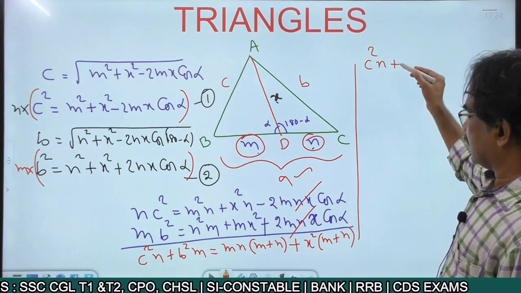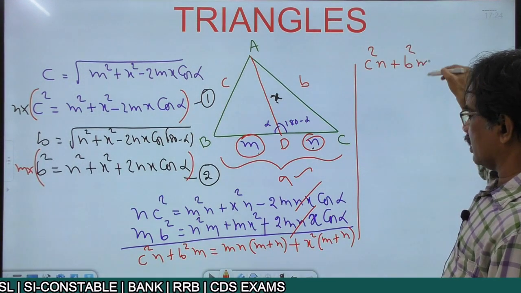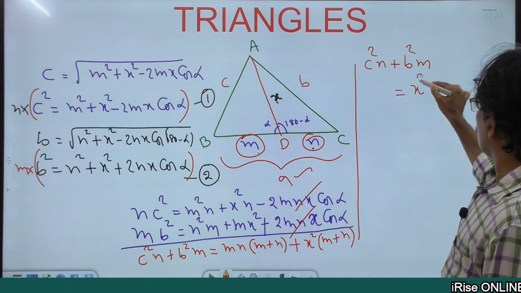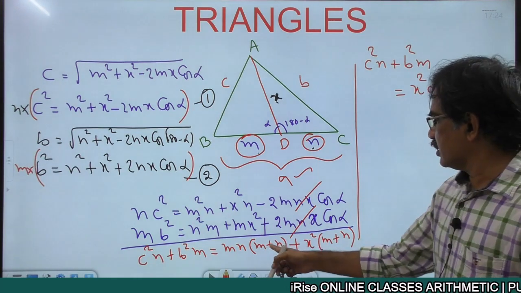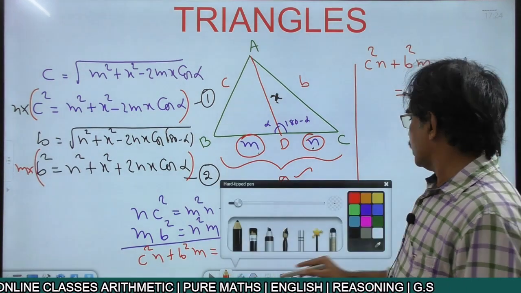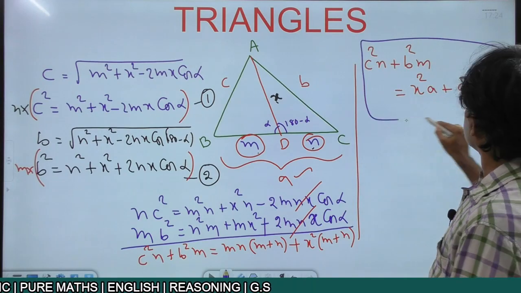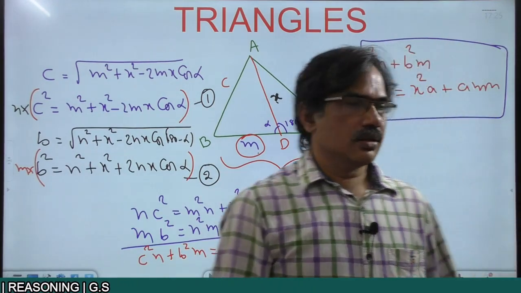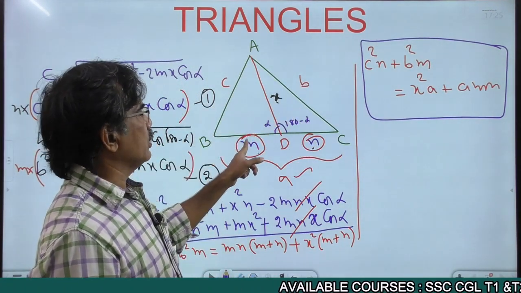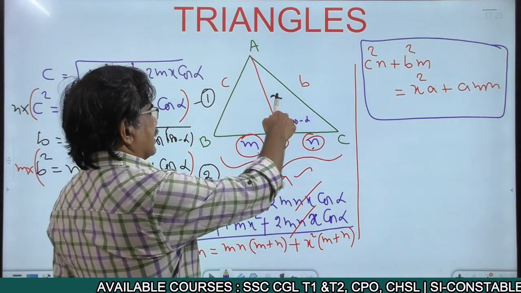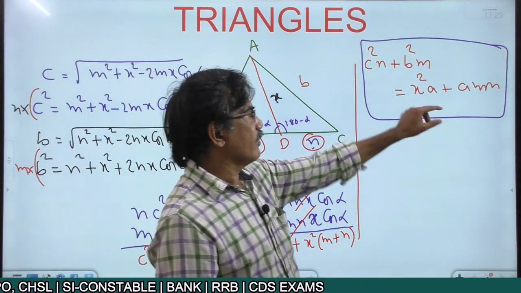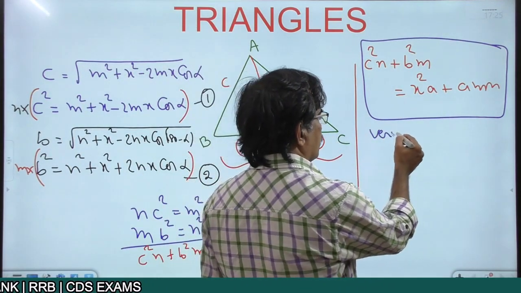Then c square n plus b square m is equal to x square into a plus a into mn. This is very, very important: c square into n plus b square into m is equal to x square into a plus a into m into n.